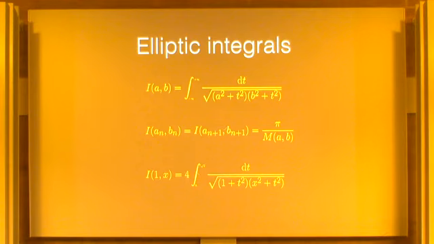In particular, the variable change capability is needed to prove that this value is the same if you replace a, b by one step of the arithmetic geometric mean process. And so if you write m for the common limit of the two a and b sequences, then this is a way to compute this integral.